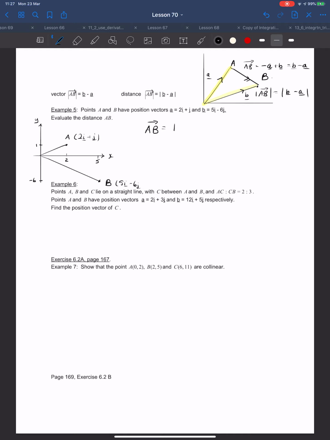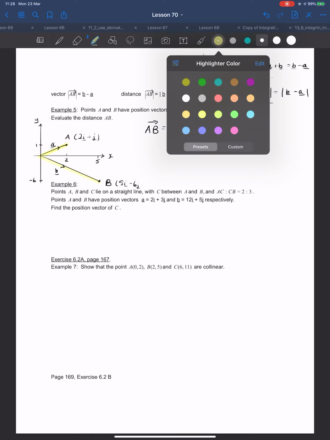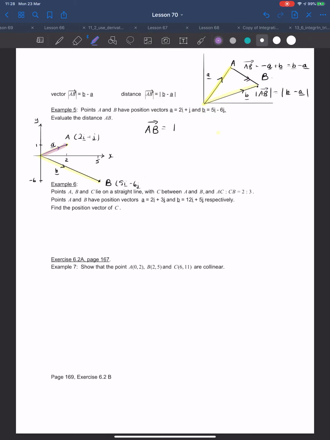To get from A to B, look, let's go back there. That's A and that's B. So to get from A to B, I'll just go over that again. Let's go minus A, back that way, and then forwards that way.